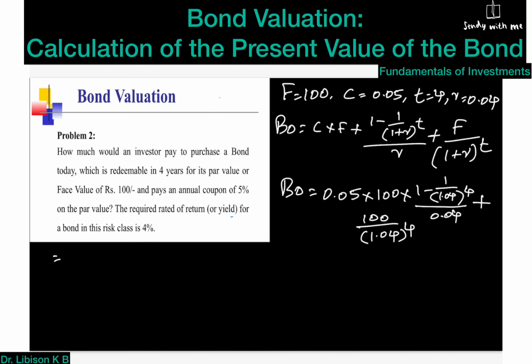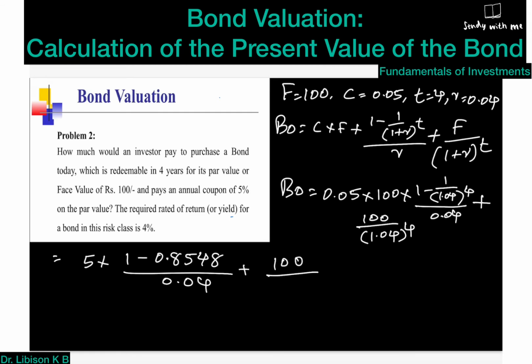So it's equal to 5 into 1 minus 0.8548 whole divided by 0.04 plus 100 divided by 1.1698.